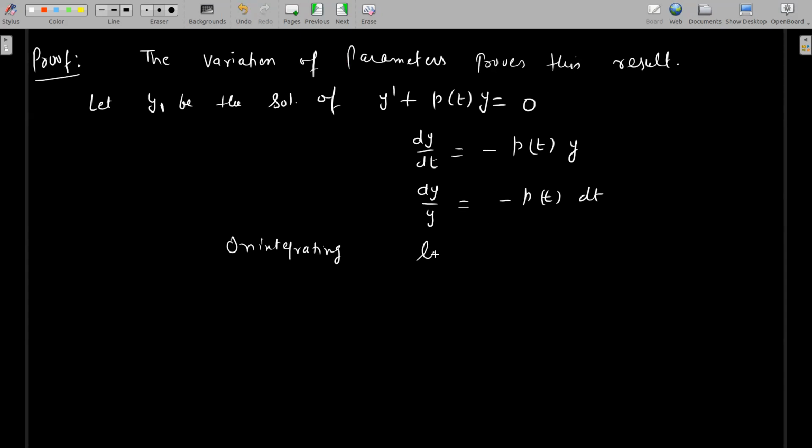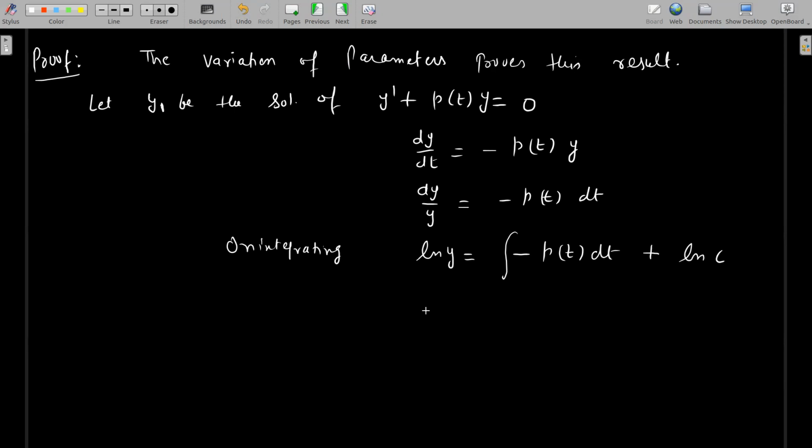what you got? Log of y equals minus integral of pt dt plus some constant. You can write that constant log of c.